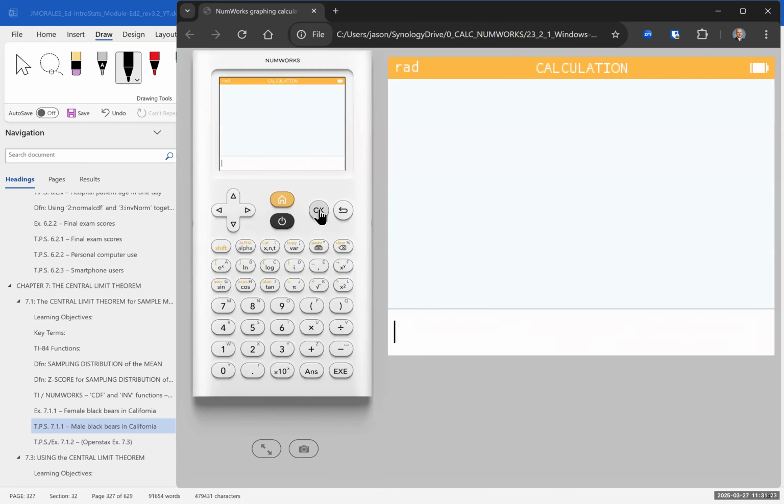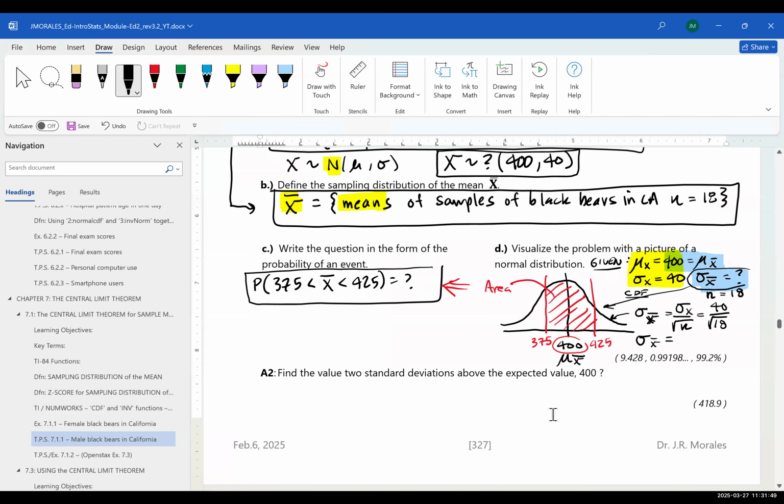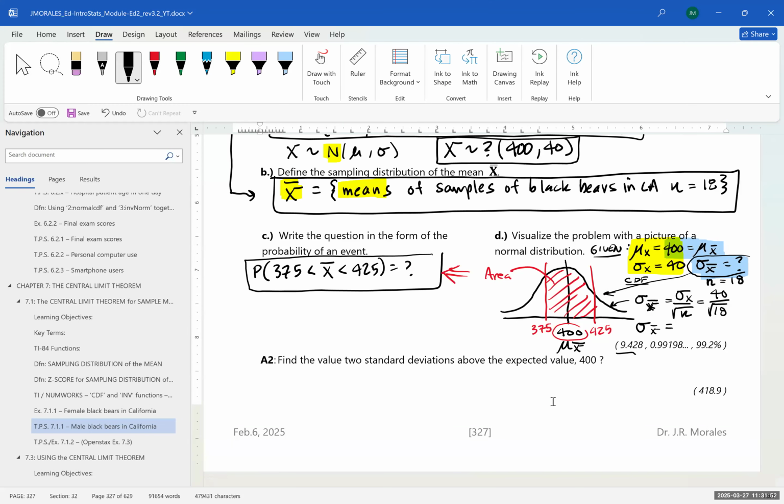So I'm going to go into the calculation app, and I'm going to put 40 divided by the square root of 18, and I get approximately 9.43, or 9.428. Okay, so that gets us our standard deviation there.